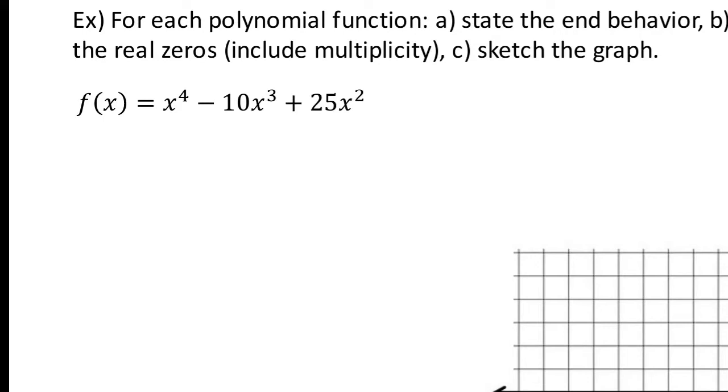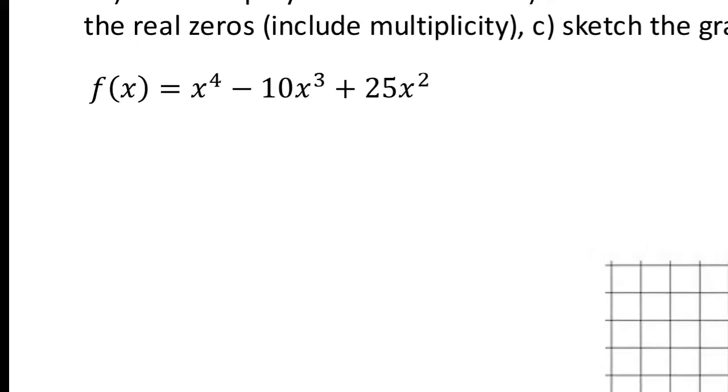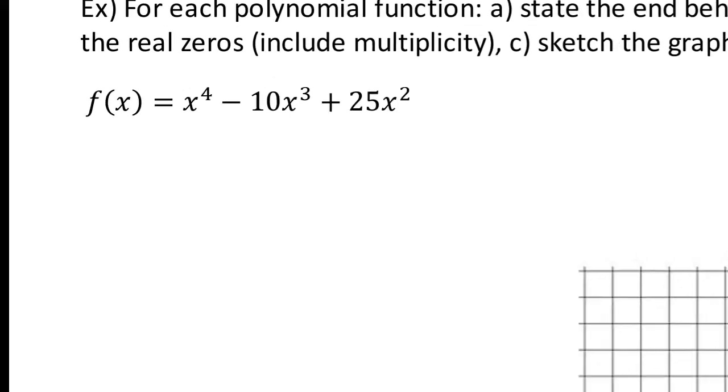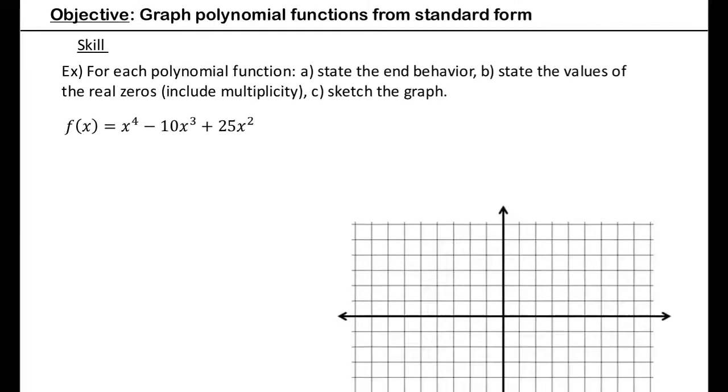So go ahead and copy this one. We have f of x equals x to the 4th minus 10x cubed plus 25x squared. All right, so we first want to find the end behavior.